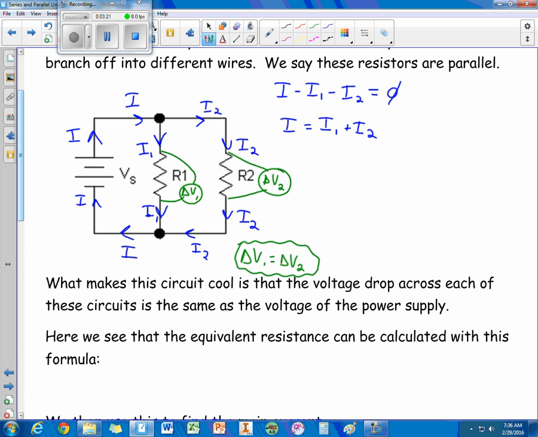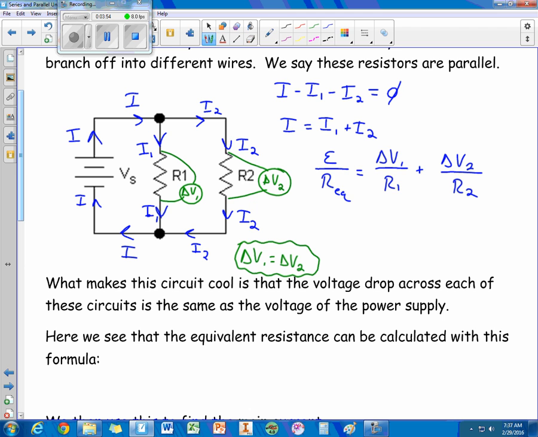So once we have this, we can go ahead and apply Ohm's law. Current equals voltage divided by resistance. So I could see that for the main current I, it's going to be the EMF divided by the equivalent resistance, and I1 would be that delta V1 divided by R1, and I2 would be that delta V2 divided by R2.